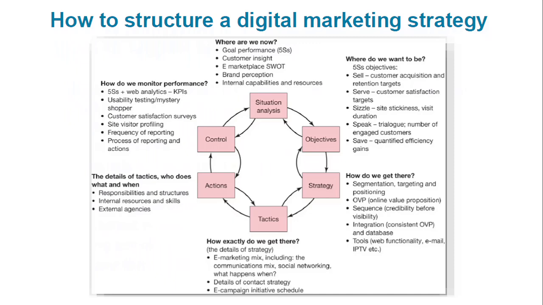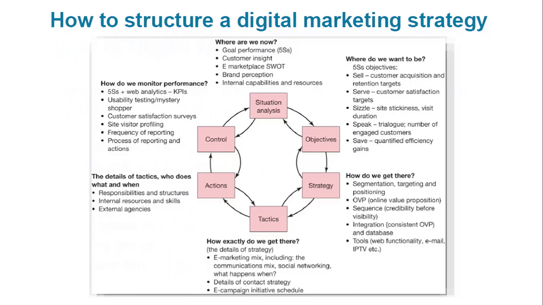Where do we want to be? Right, and for us to cover this, we need to understand the 5S objectives. Like the sell component. This is about customer acquisition and retention targets. Serve. This is about satisfying customers, or implementing customer satisfaction targets.